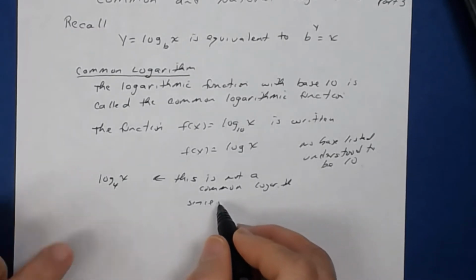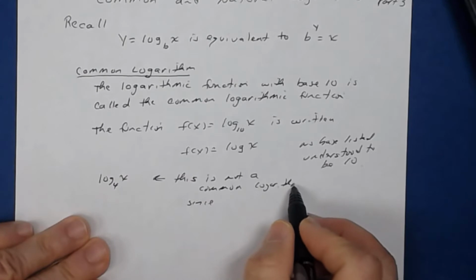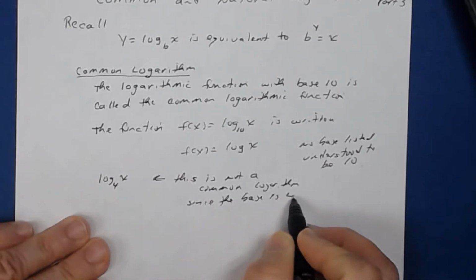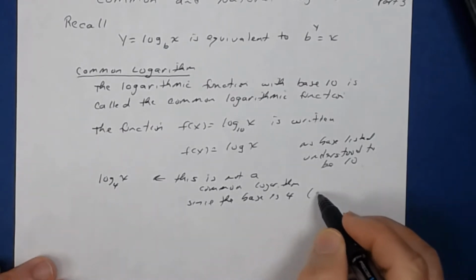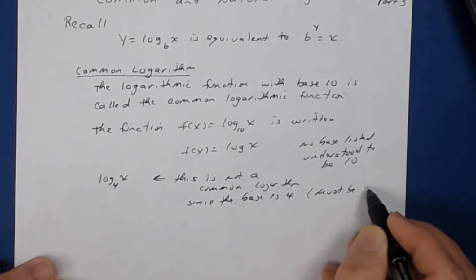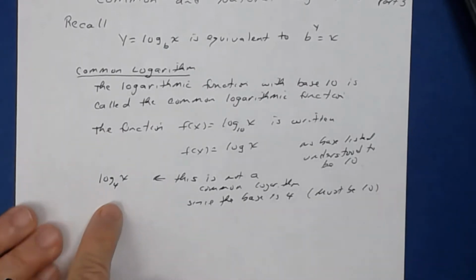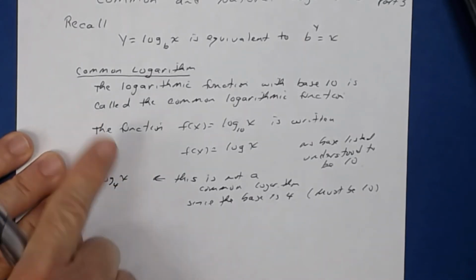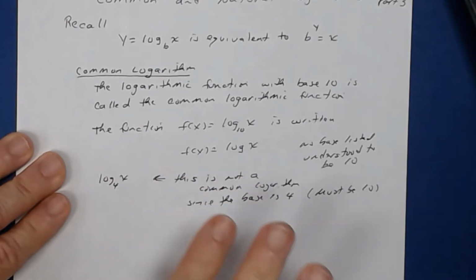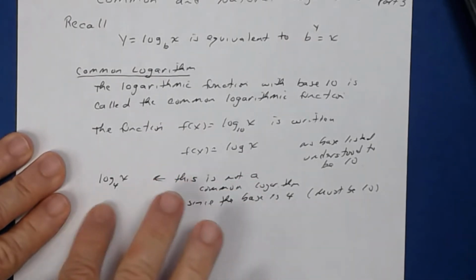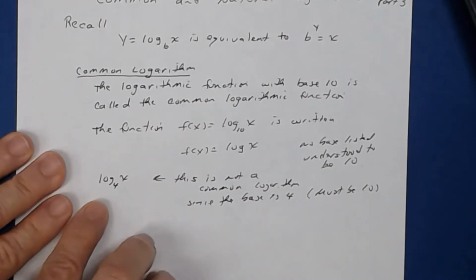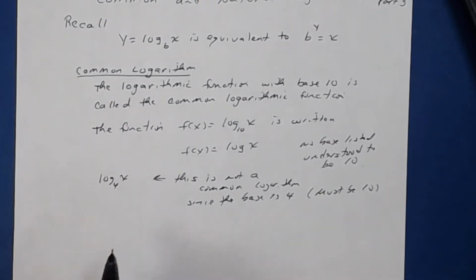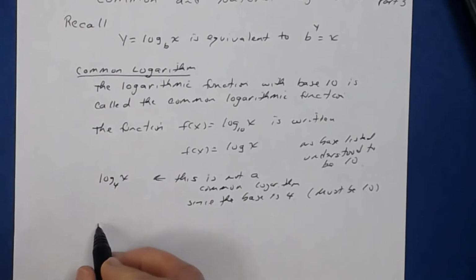The base is 4. The base must be 10. Make sure you understand that when you look at a log, you can tell whether it's a common logarithm, a natural logarithm, which we haven't gone to yet, or another logarithm. So this is a logarithm with what base? Base 4.